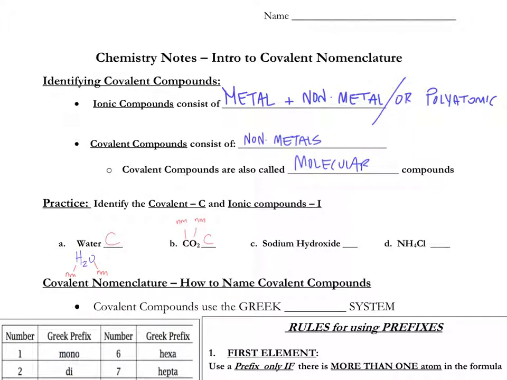When I look at sodium hydroxide, sodium is Na, hydroxide is OH. So sodium is a metal, OH is a polyatomic ion. So because it has a polyatomic ion within the compound, this automatically makes it an ionic compound.